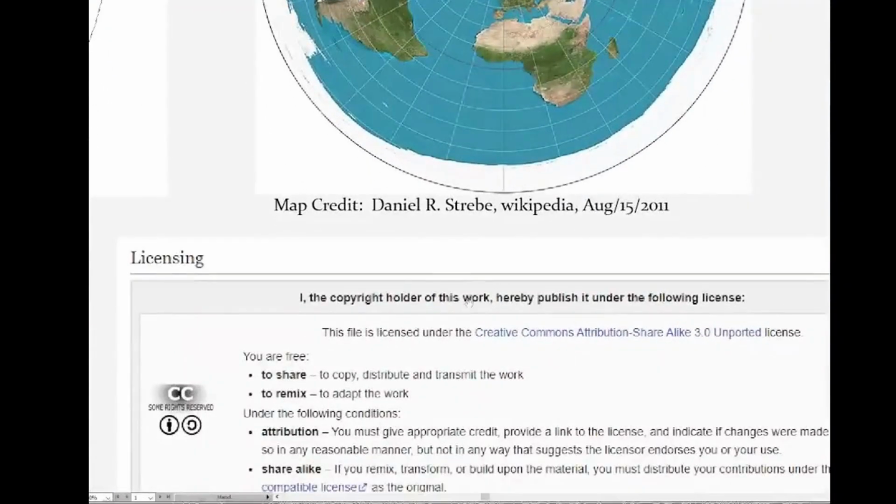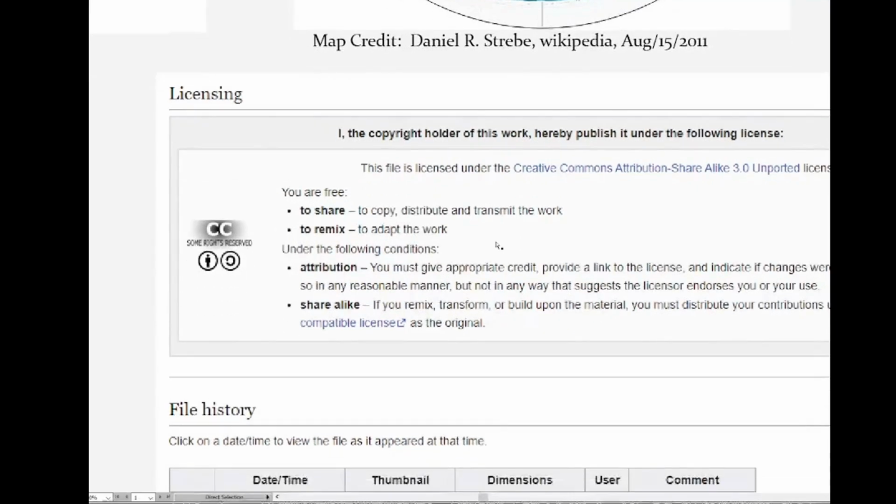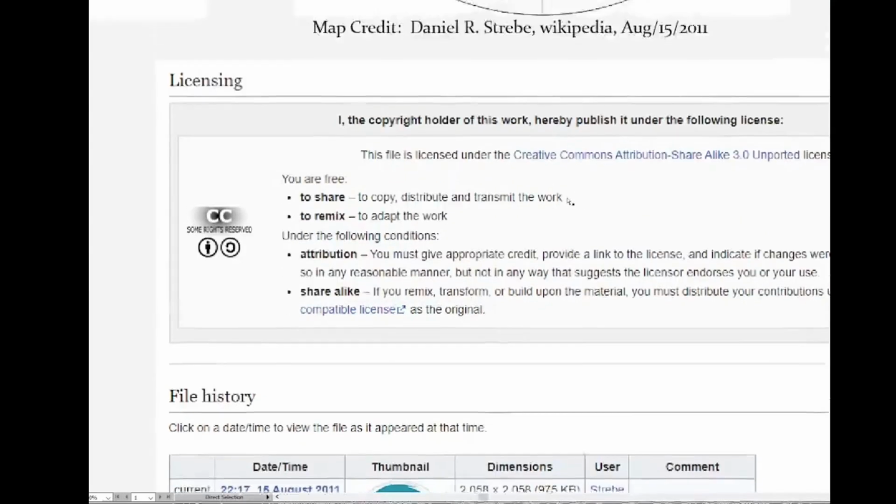So I want to give credit to the map maker. The map credit goes to Daniel R. Strebe. This is found on Wikipedia, August 15th, 2011, and on Wikipedia he puts a license that you can share it, remix it, adapt it, and I'm not changing the map.